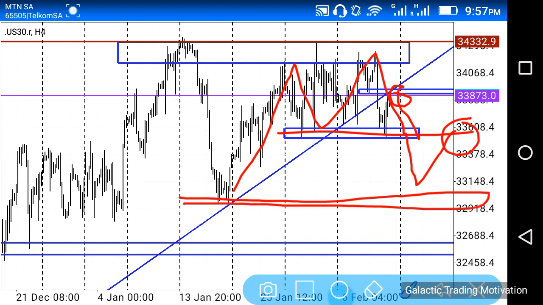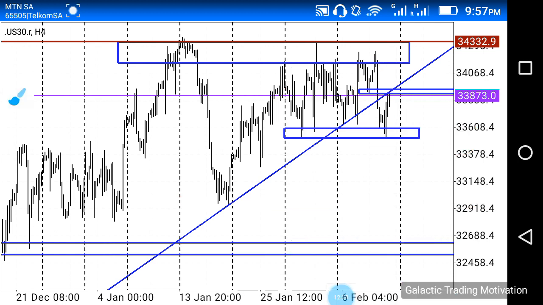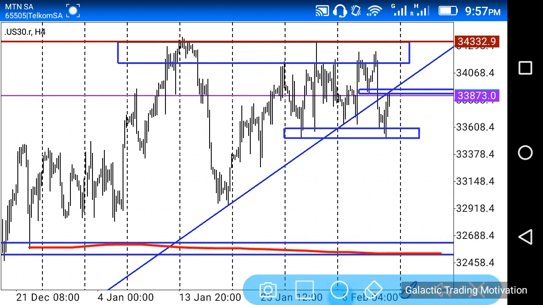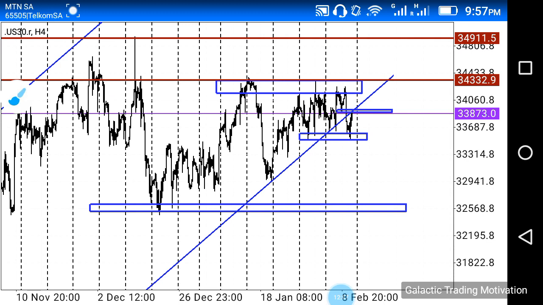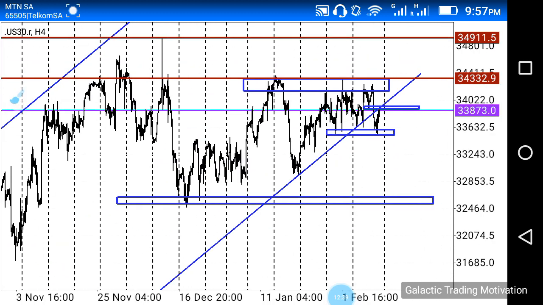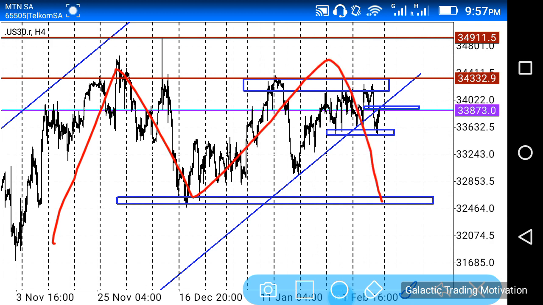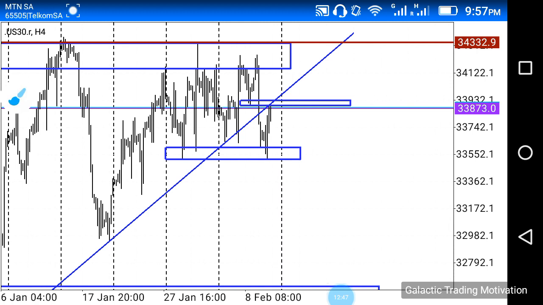However, ideally we want to see the market push further down to this level over here. Why do I say this level? This level is actually the neckline of that bigger M structure that we spoke about on the daily chart. Do you guys remember? Right, let me just zoom out. It's the neckline of this bigger M structure that I spoke about in the daily chart. Can you guys see that? Right, I just hope everything I've said makes sense.